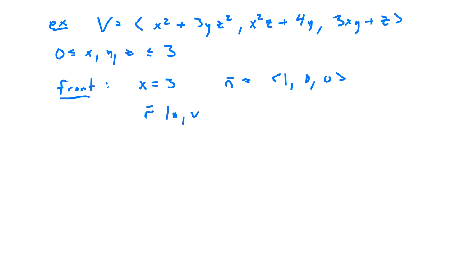So x is, of course, 3. And now the front is just x, y, and z are any numbers between 0 and 3. So I'm just going to let y be u and z be v, and now u and v can be any numbers from 0 to 3. So that gives me that square at the front.